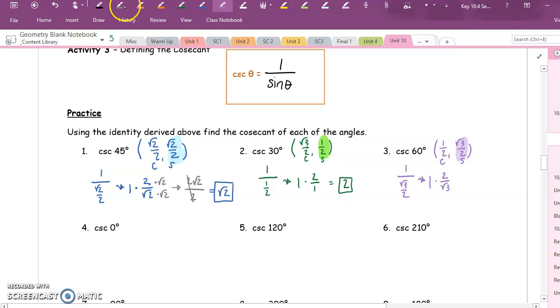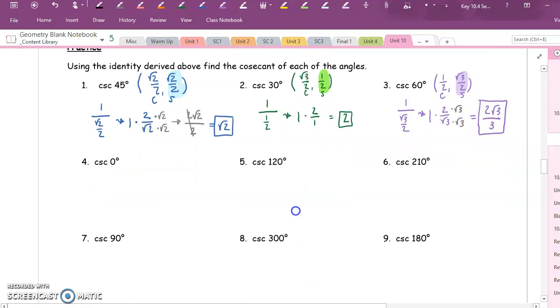We need to rationalize the denominator because we can't leave a root 3 in the denominator. So I'm going to multiply the top by root 3 and the bottom by root 3. And we have 2 times root 3 is just 2 square root 3, over root 3 times root 3 is 3. So my final answer for cosecant of 60 degrees is 2 square root 3 over 3.